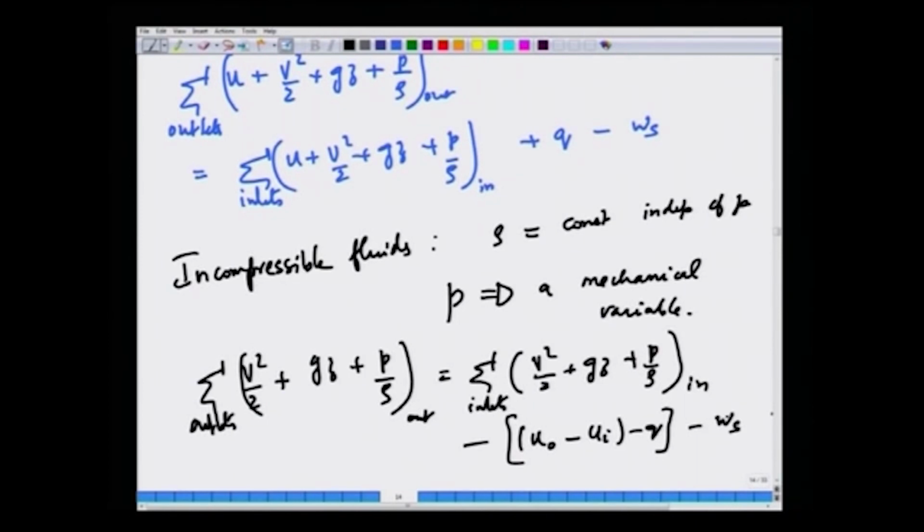So, this is valid for incompressible fluids. Now, because we are setting the thermodynamic variables aside from the mechanical variables, we will stop at this point, and we will try to give a physical meaning for all these terms in the next lecture of our course.